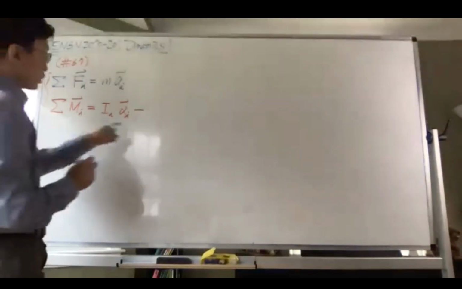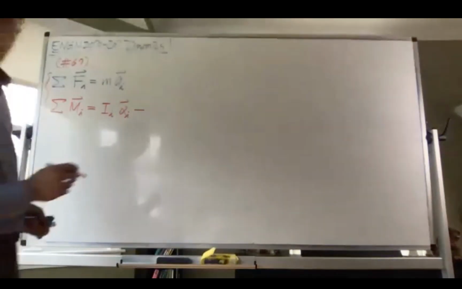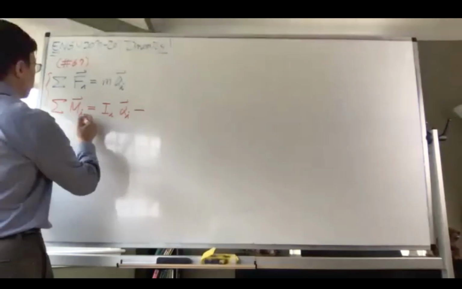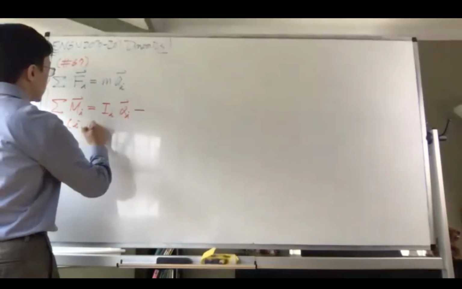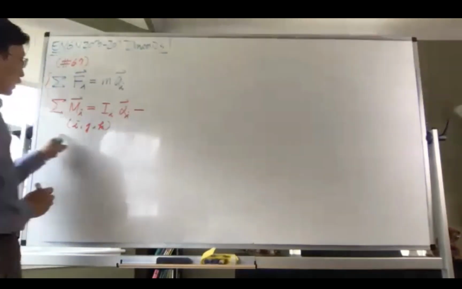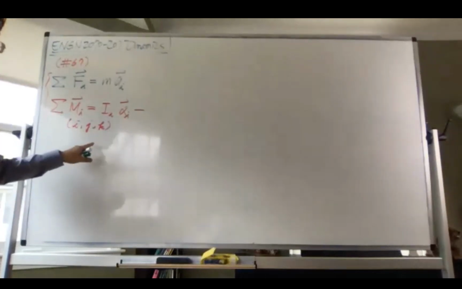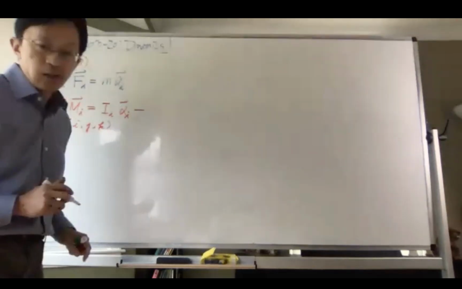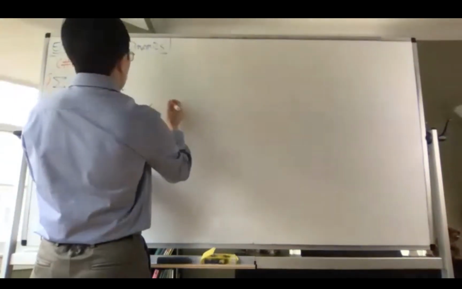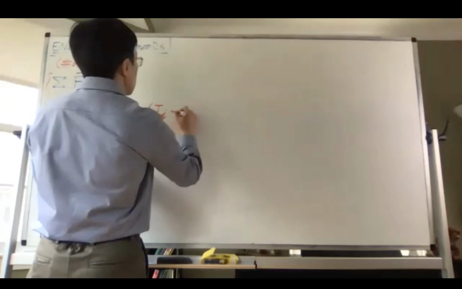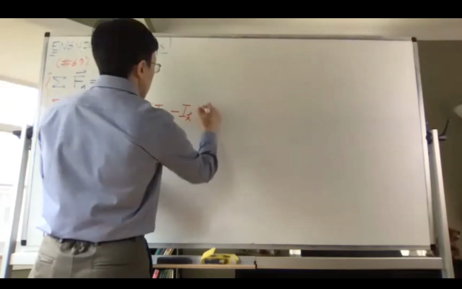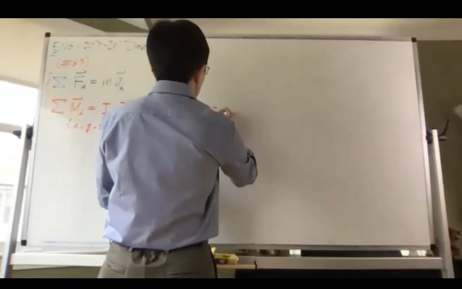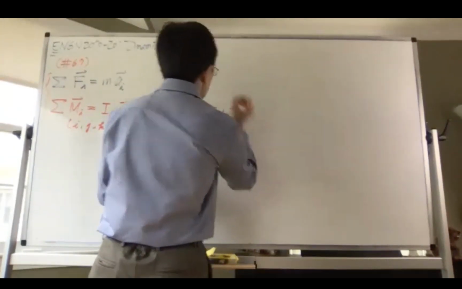The first term is associated with Iy and Iz. If we call this one I, and define I, J, K as three different directions, with I as X, then J and K become Y and Z, the term becomes (Ij minus Ik) times omega j times omega k.